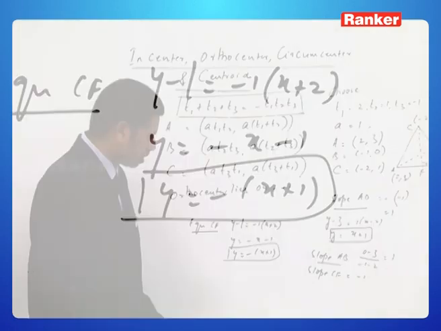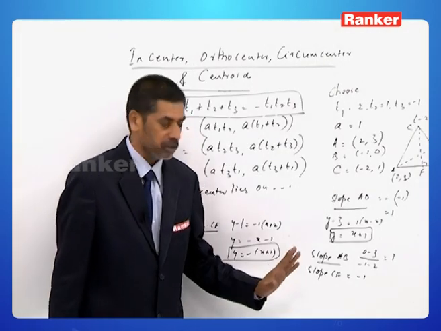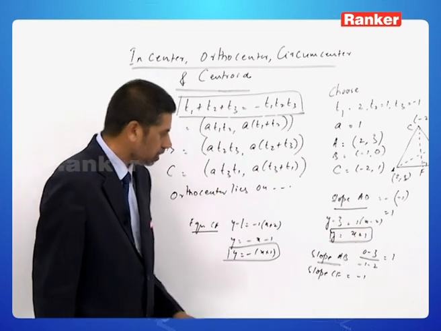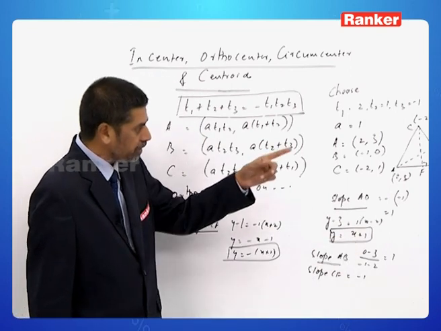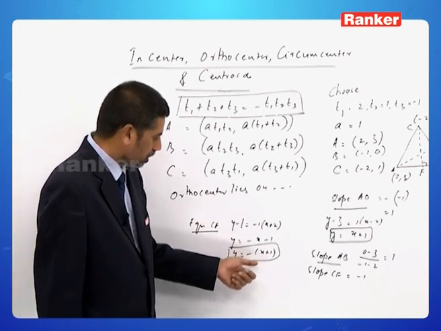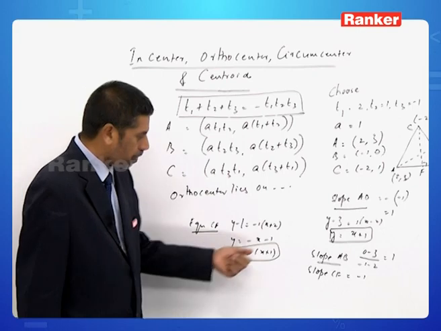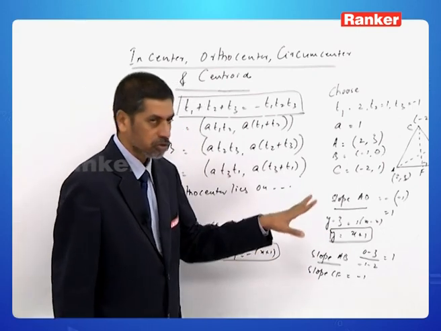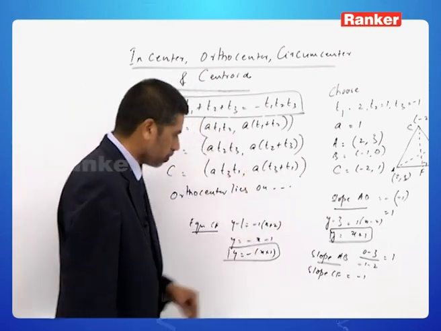Now, there is a small confusion, but you have to hold on to the pressure. Y is equal to x plus 1 is the equation of AD, and y is equal to minus of x plus 1 is the equation of CF. What is the point of intersection of these two? That will be the orthocenter. Suppose you solve these two equations.